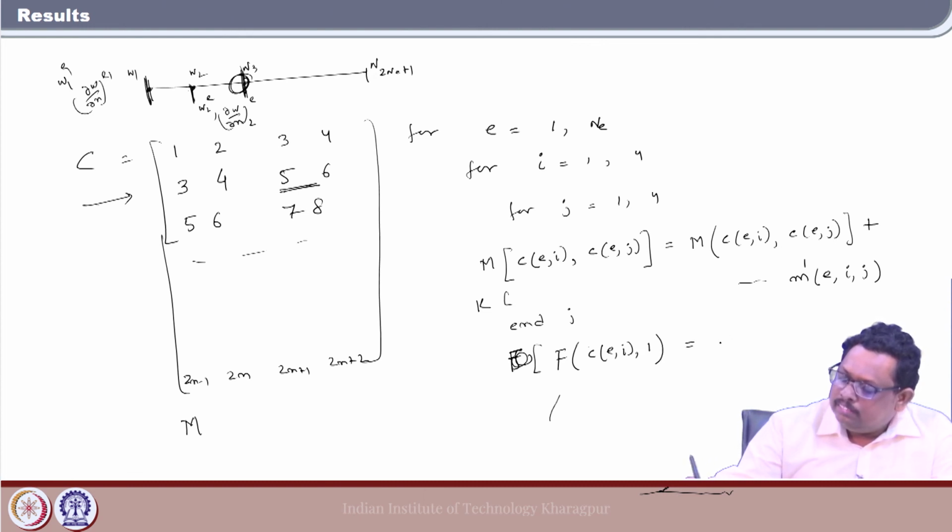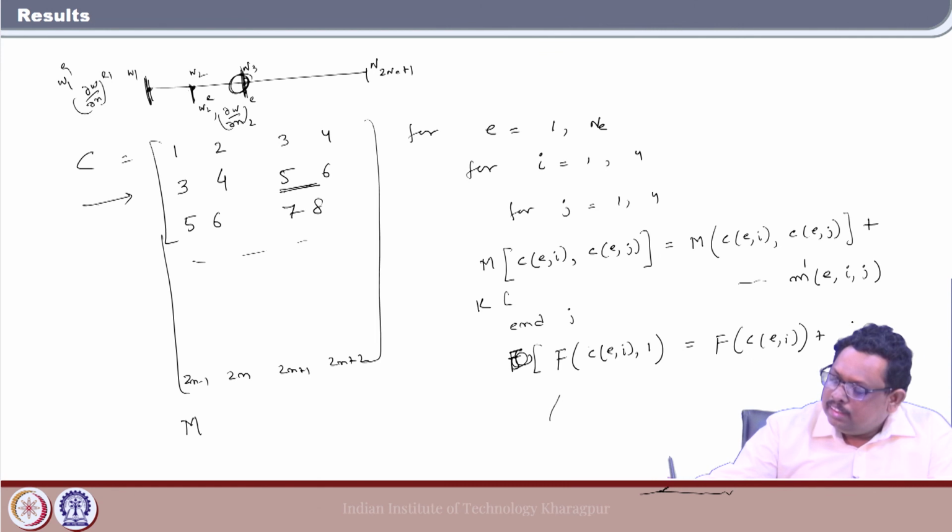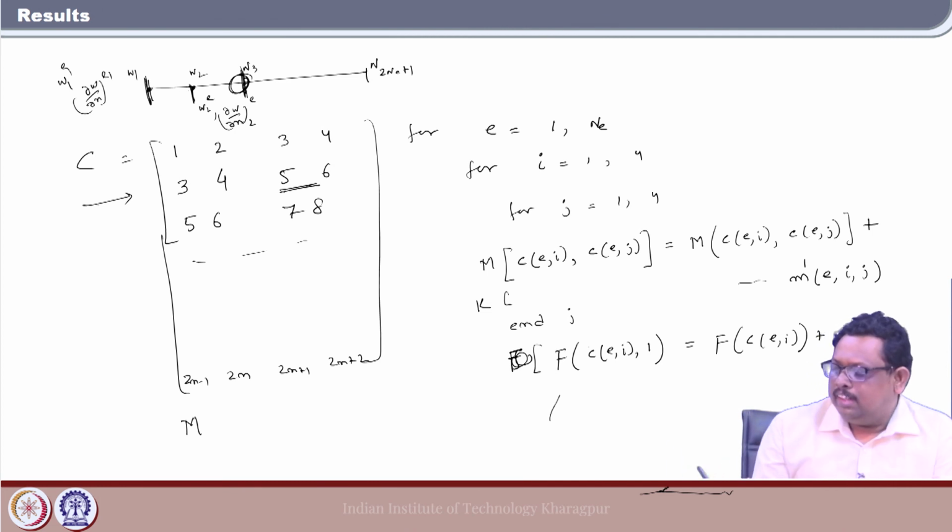This equals F of C of E comma I plus F of E comma I, and this is the sum over I, and then this is E.